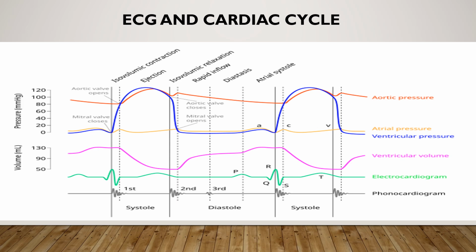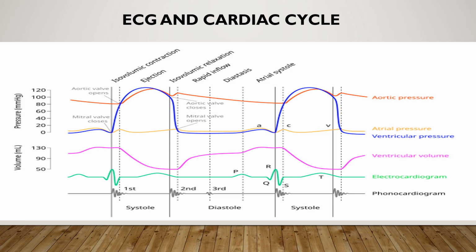On this slide, we see the relationship between different phases of the cardiac cycle and the 12-lead ECG. The early part of systole, which is isovolemic contraction, typically corresponds to the peak of the R wave, followed by the ejection phase, and systole typically ends with the end of the T wave.